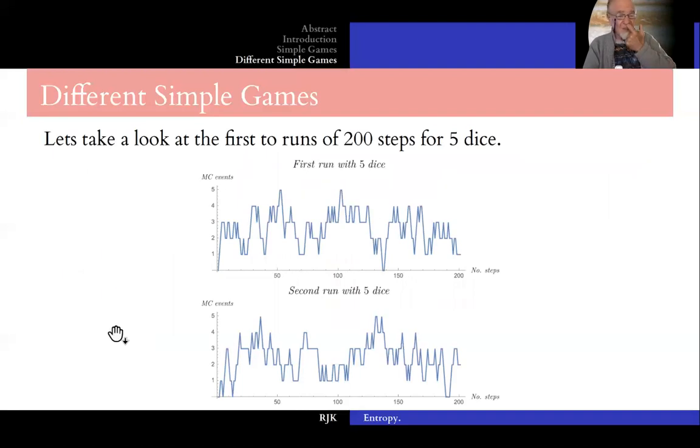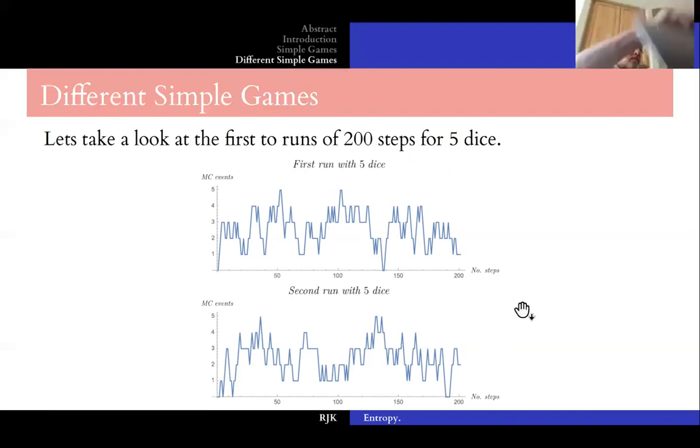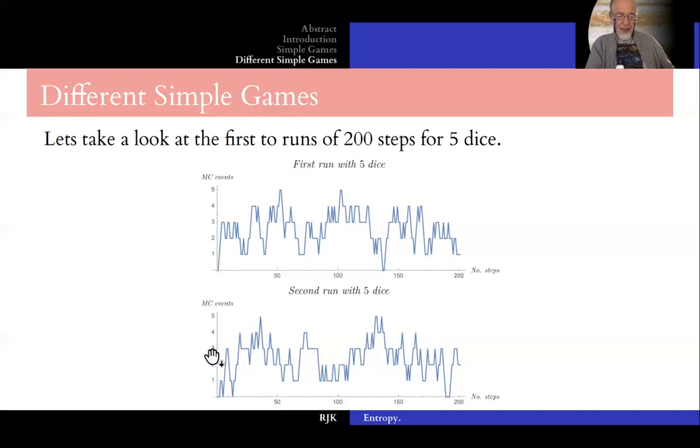Okay. So suppose we do our 5 dice and we do them for 200 steps. We can do multiple runs, and I've done 2 here. You can see that they behave somewhat differently. They don't look exactly the same, certainly. They're all random sets of runs, but they all tend to stay around the 2.5 level, whether it's here or here.